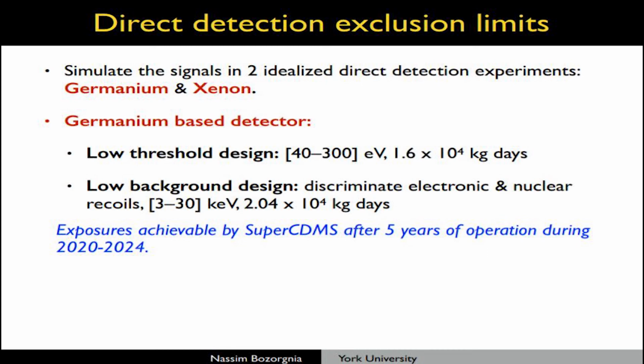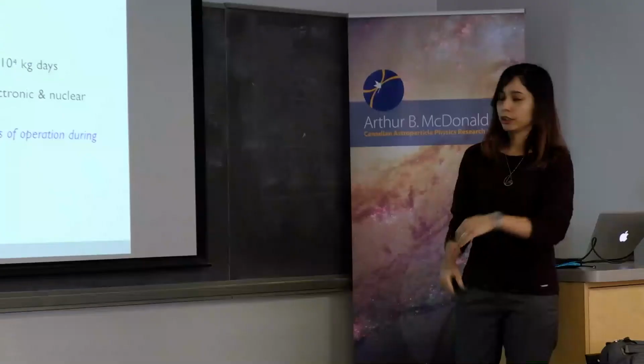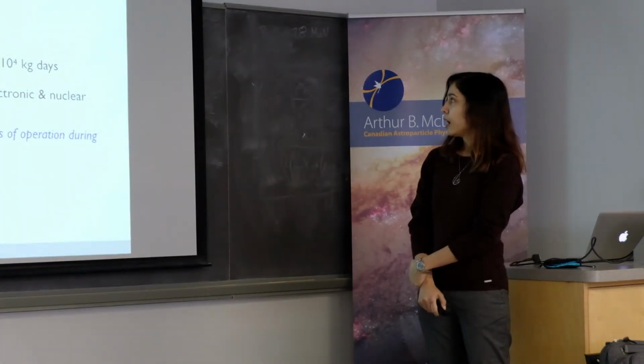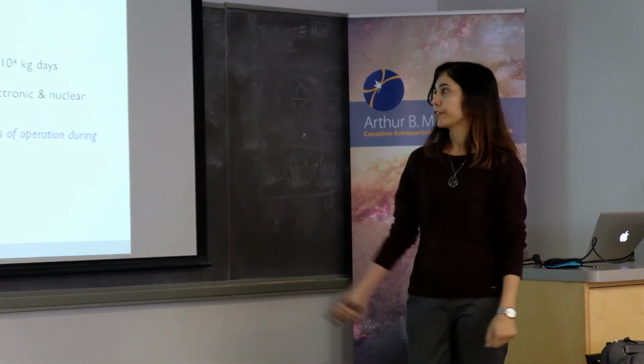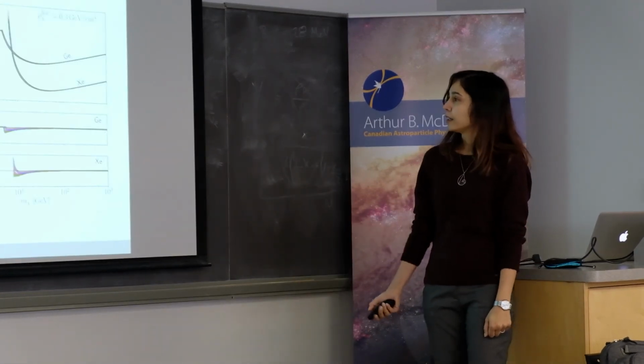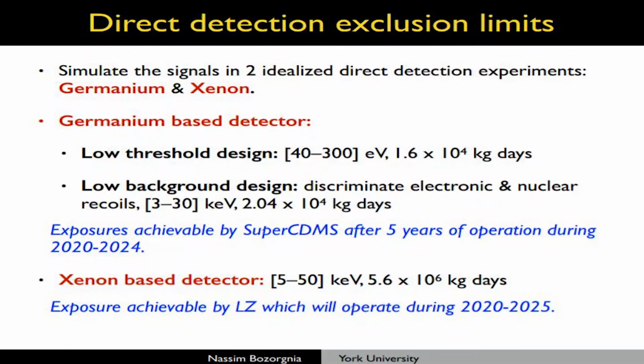So a low threshold design, which is sensitive to low dark matter masses, and a high threshold but low background design, which can actually go to larger exposures. And these are achievable by SuperCDMS after 5 years of operation by 2024. And also an LZ detector, well, similar to an LZ detector, so a xenon-based detector. And this can be reached around the same time.